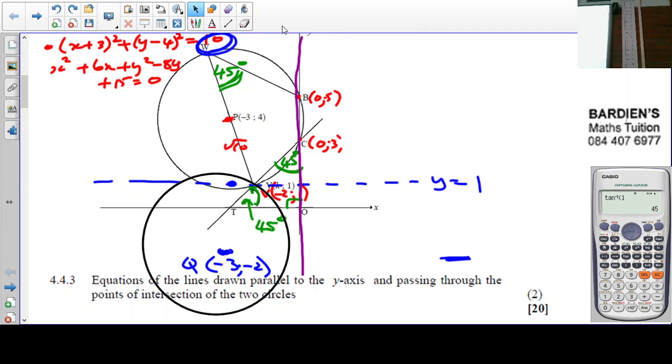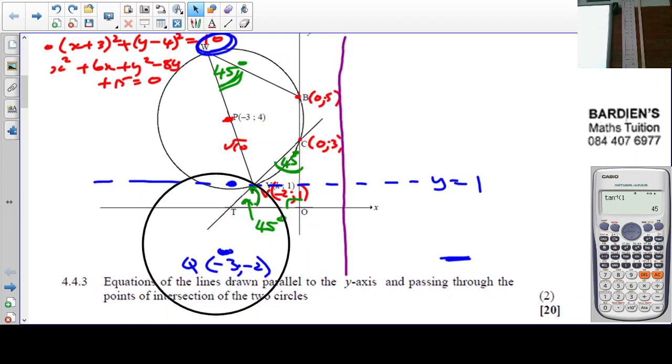And passes through the point of intersection of the two circles. Read it again. The equation of the line drawn parallel to the y-axis. So this line here is parallel to the y-axis. Okay? It's equidistant from the y-axis at any given point. So the equation of the line drawn parallel to the y-axis, passing through the points of intersection of the two circles.